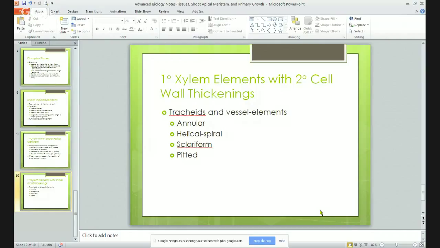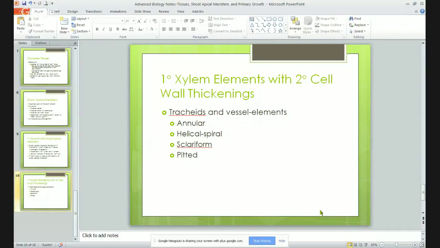On your second one, the scleriform perforation plate, it's got some tissue still kind of striated across there. Basically what's happened is the enzymes haven't completely dissolved the ends of the walls, and this obviously would slow down the flow of water.